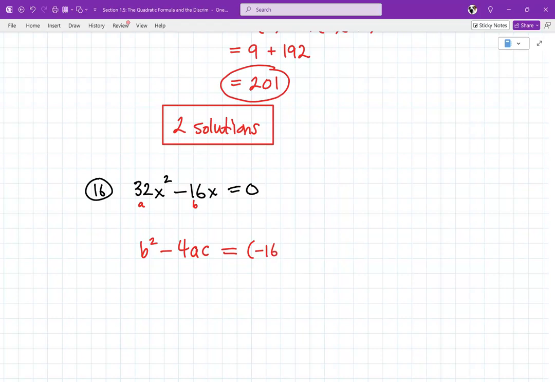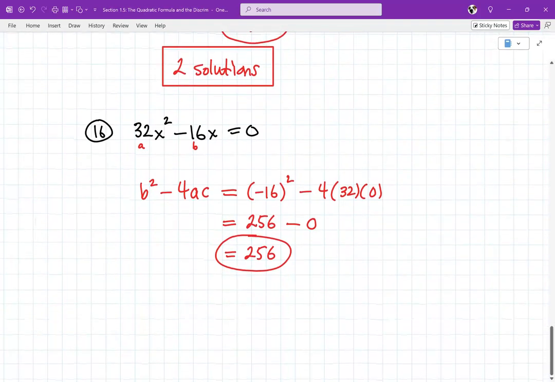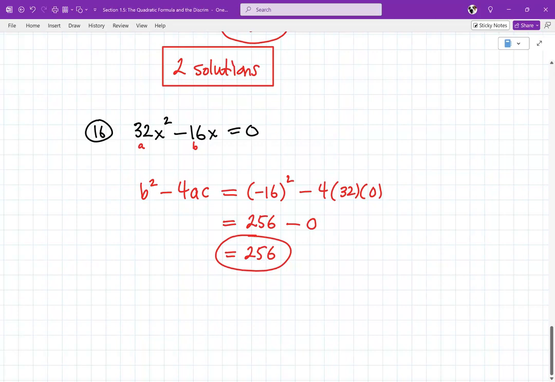So that's going to be negative 16 squared minus 4 times A, that's 32, times C, that's 0. Well, negative 16 squared, that's 256, minus 4 times 32 times 0, that's 0. Here's my value of the discriminant. How many solutions do I have? 2. Thank you. 2 solutions.